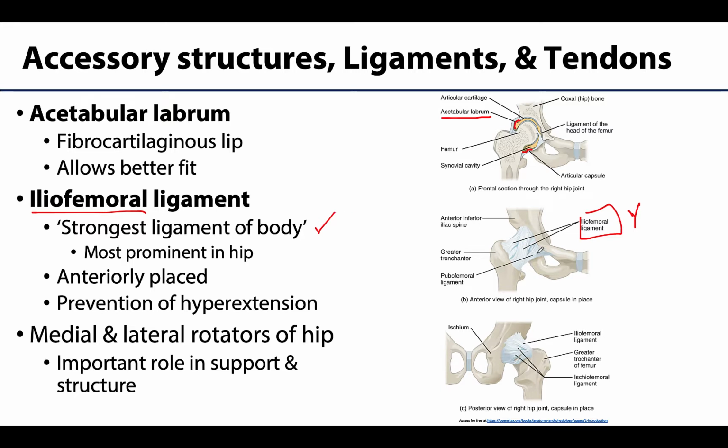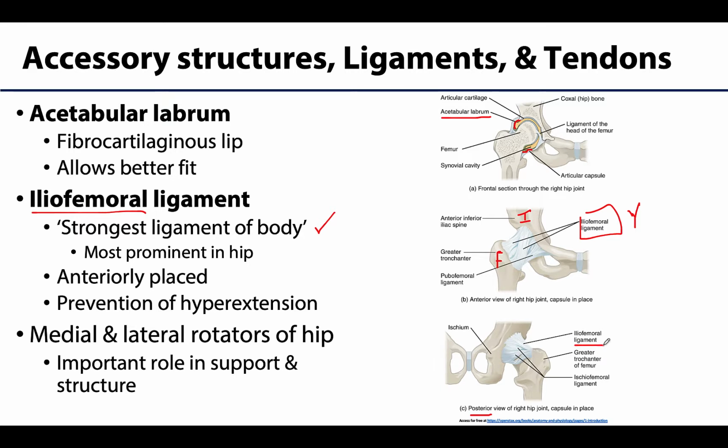It is more anteriorly placed, extending between the ilium, so here's the ilium, and the femur. And even though it's more anteriorly placed, even if you're looking at a posterior view, which you can see here, you can see a bit of the iliofemoral ligament as well.